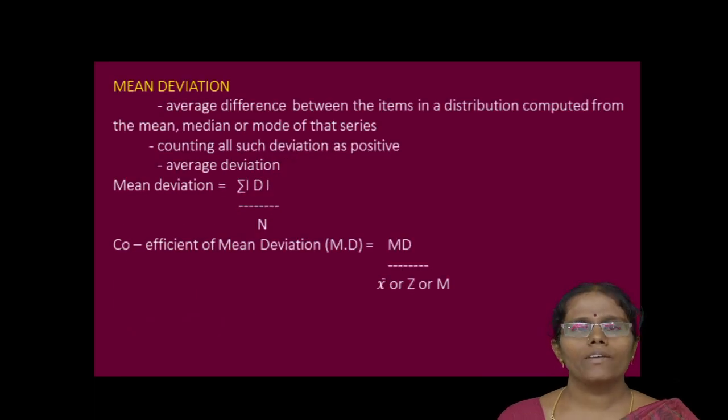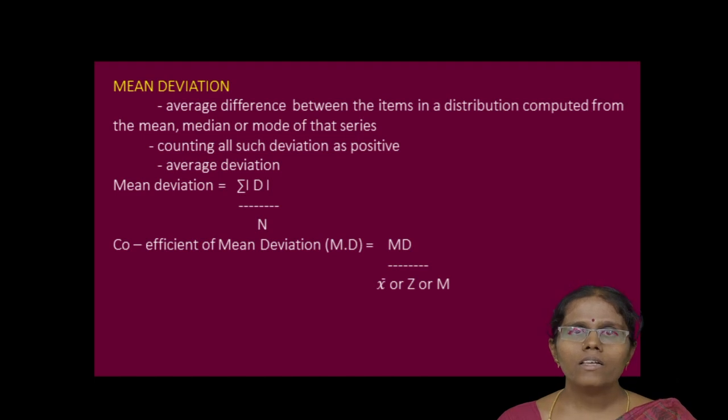Next, mean deviation. Mean deviation is the average difference between the items in the distribution, computed from the mean, median or mode of that series. All such deviations are counted as positive. It is also known as average deviation.